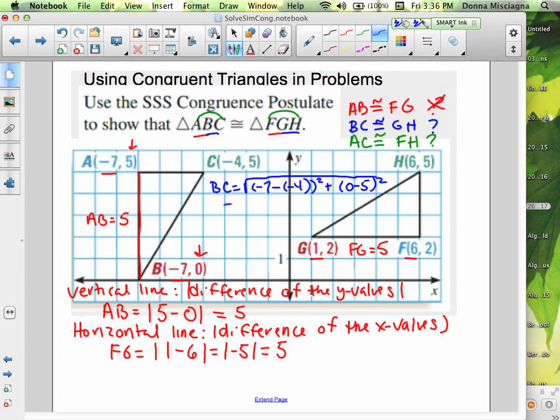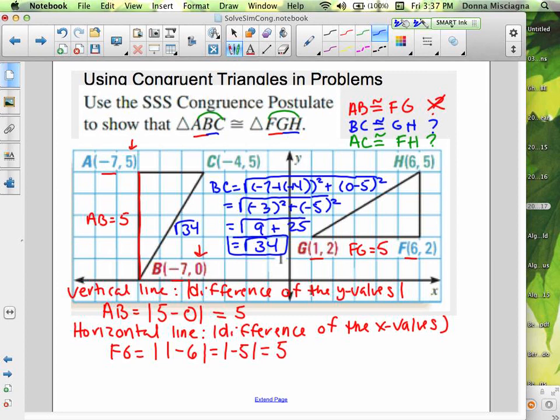That's going to be negative 7 plus 4, so negative 3 squared plus negative 5 squared, which is 9 plus 25, or the square root of 34. All right, so that doesn't simplify. So BC here is the square root of 34.